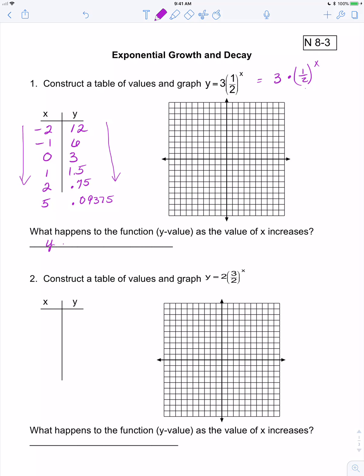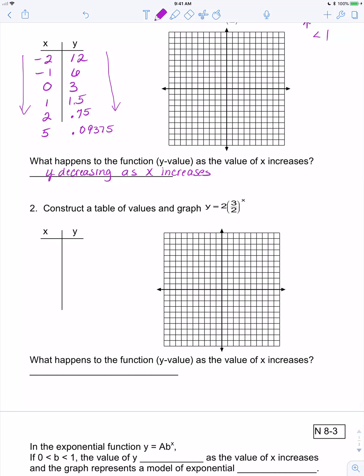So y is decreasing as x increases. Okay, so just keep that in mind. Keep in mind that this was a fraction, 1/2, so that number is less than 1, and that's going to have something to do with this.